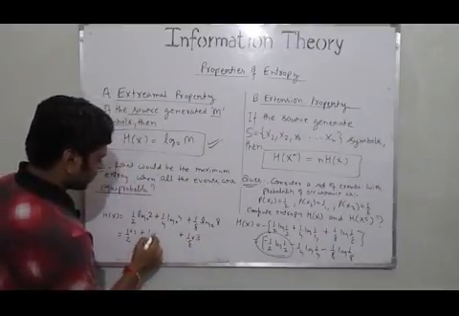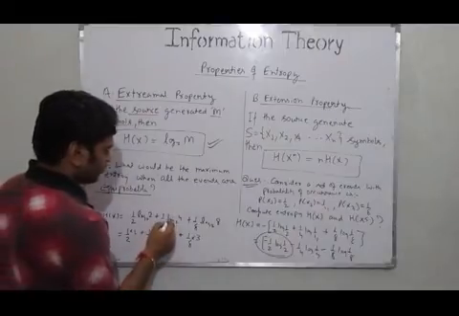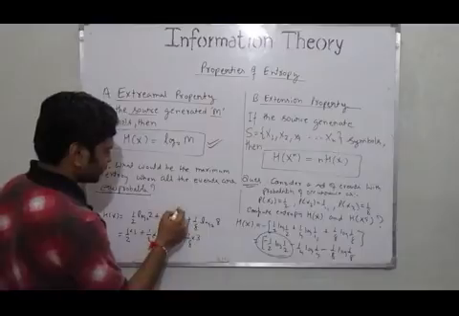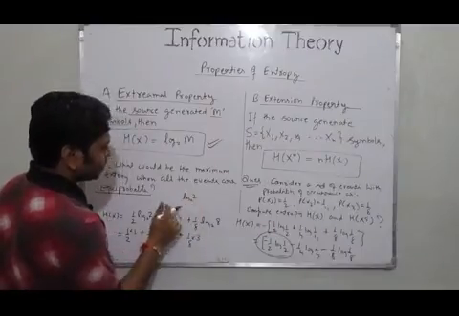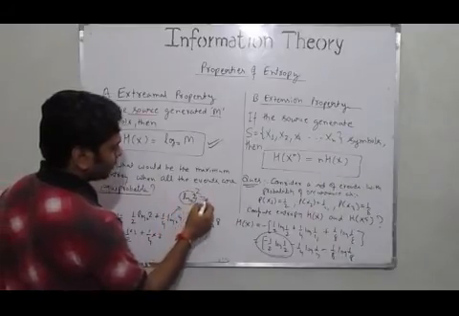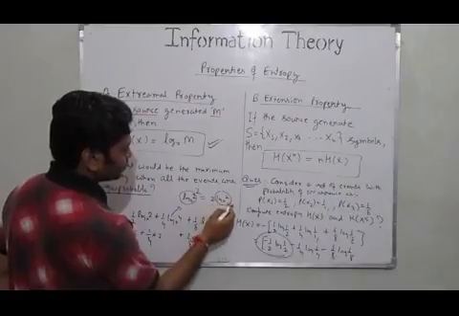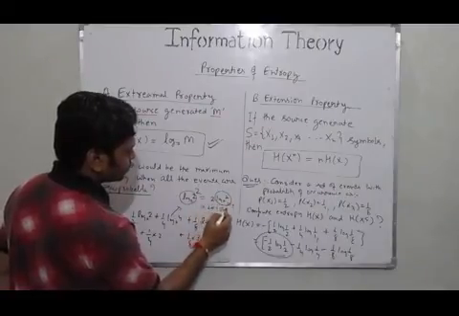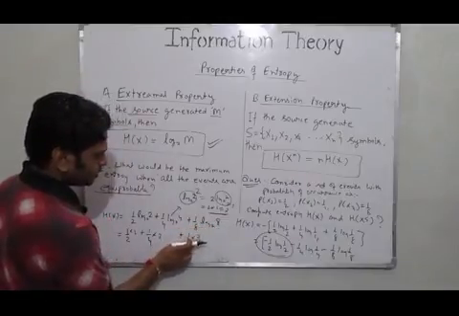So how are we obtaining this? You can understand this: 4 can be represented as 2 raised to power 2, and this entire thing I can write as 2 log 2, and log 2 becomes 1. So 2 into 1 is equal to 2. Similarly, I can obtain this thing as 3.